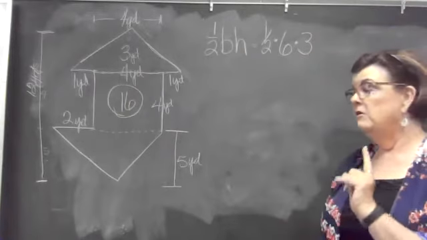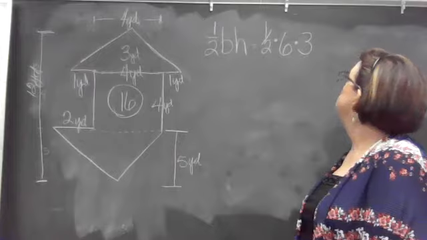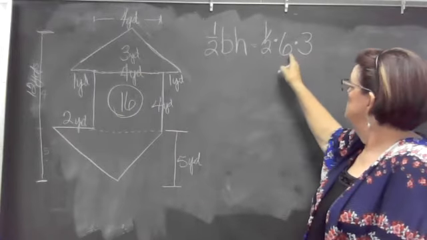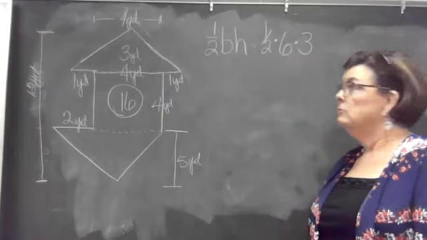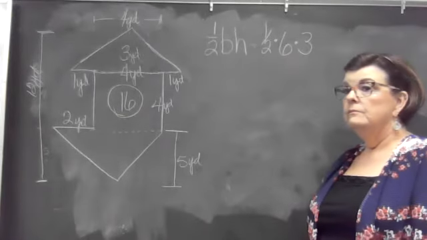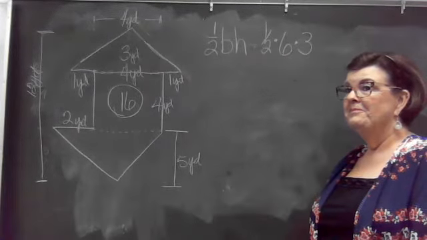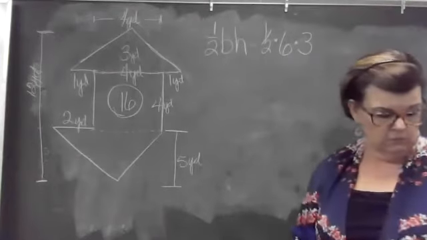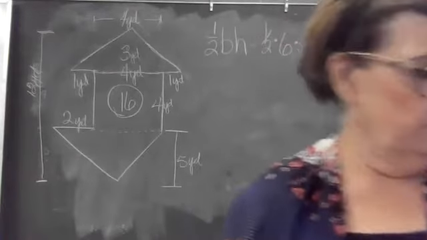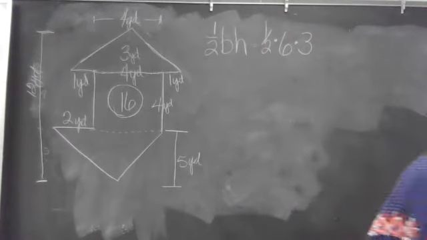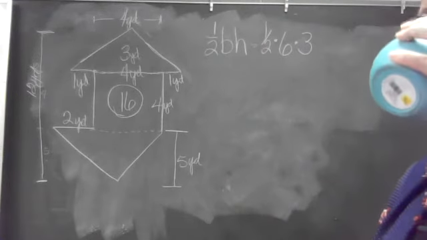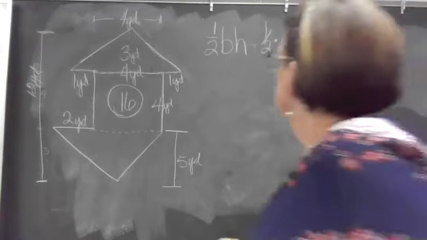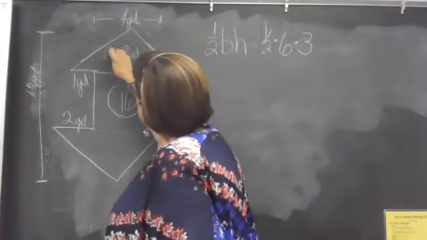So what is the area of the top triangle? And 1/2 means divide by 2. So the area of this top triangle is 9.